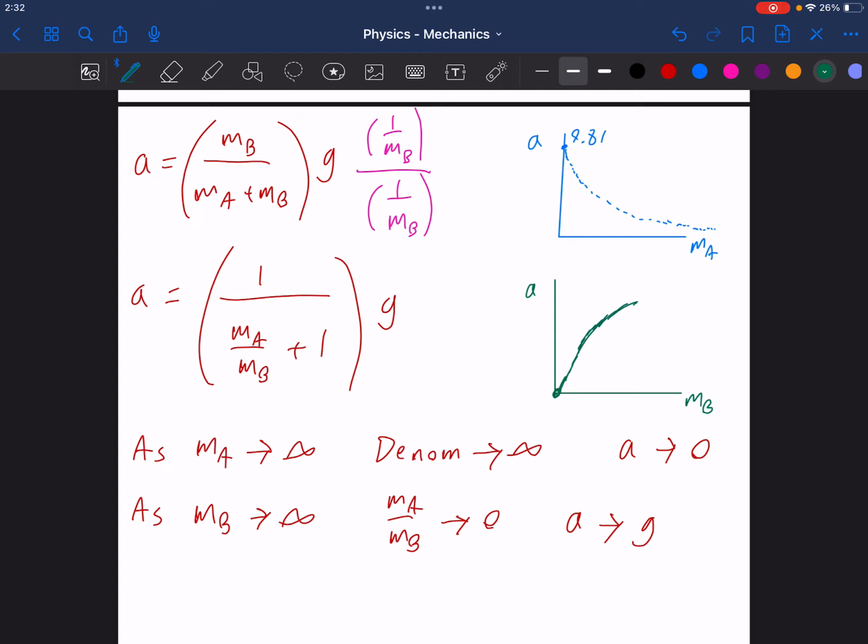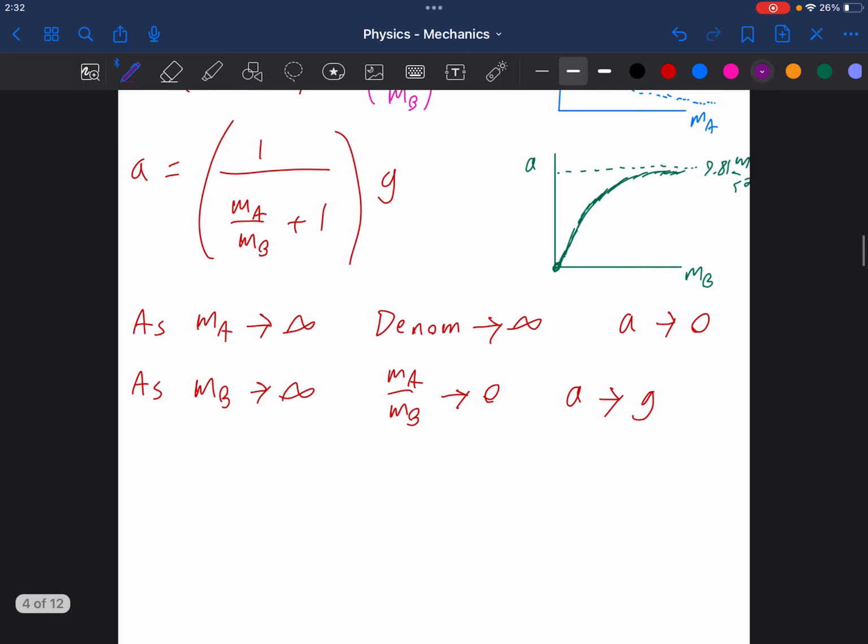It curves towards some maximum. And what is that maximum? It asymptotes towards 9.81 meters per second squared. So as you get a really massive hanging mass, the whole system will just accelerate at 9.81 meters per second squared. You can do the same thing with that tension equation.